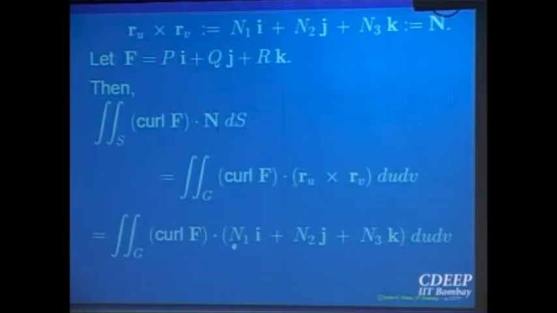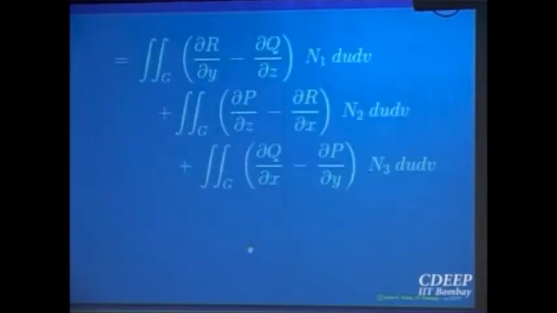So I just put the value of curl F in terms of the partial derivatives and expanded the dot product. So this is the surface integral that we want to compute and show is equal to the line integral.